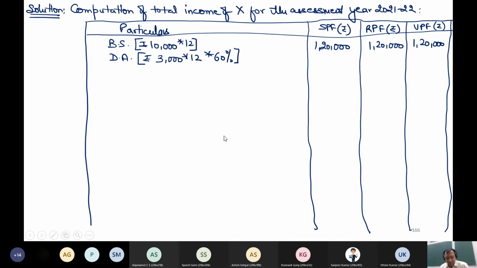So what should I write? Is it 3000 into 12 into 60%, or some other figure, in DA? Anyone who can answer? Ashish, can you tell? Is it correct or not?